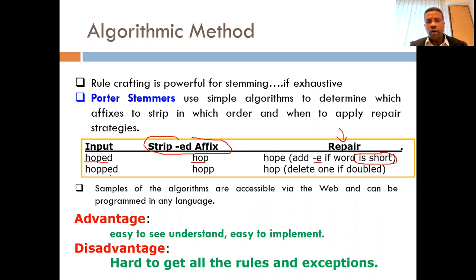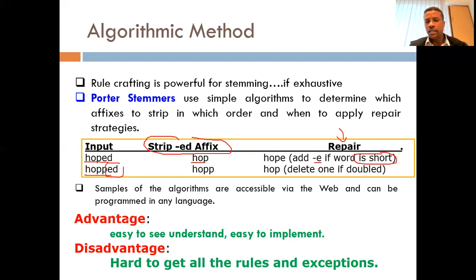What if you have such a word, hopped? Then again, in this case, whenever you remove ED, you are going to arrive at HOPP. So in this case, if you have double P's at the end, then remove one. Because these are two different words. The first one, hope, means your desire for the future, your wish. The second one, hop, means to jump on something, or to get on something, it could be boarding, or it could be getting in.